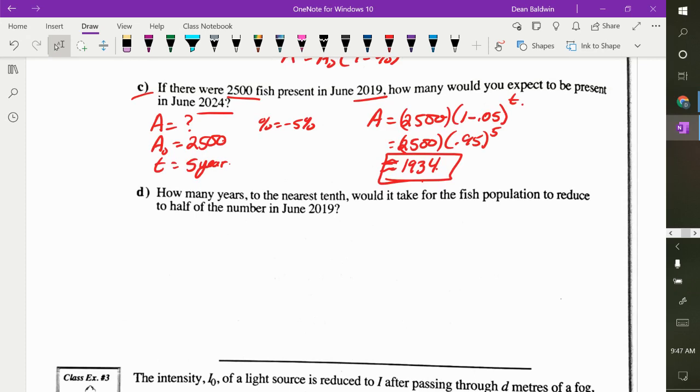Yeah. All right, D. How many years to the nearest tenth for the fish population to reduce to half of the number in June? So we don't know the initial. Do we know the initial? Oh, we do. But let's pretend that we don't. Percentage. Okay, we know percentage is going down, so it's 1 minus 0.05.